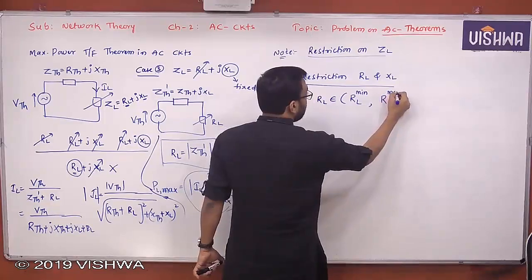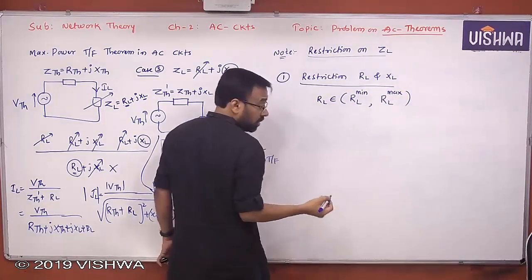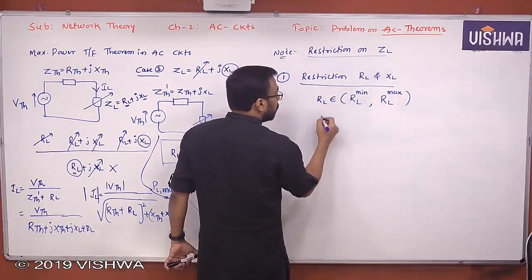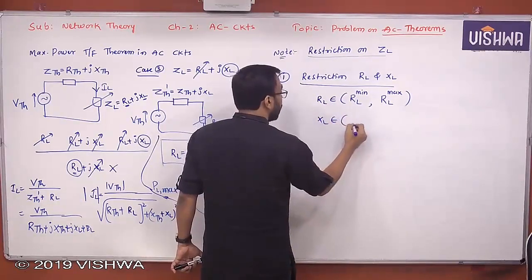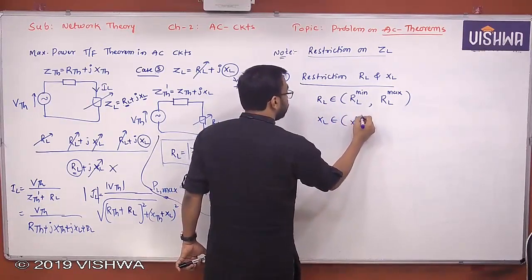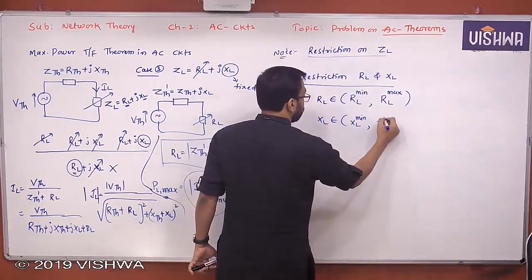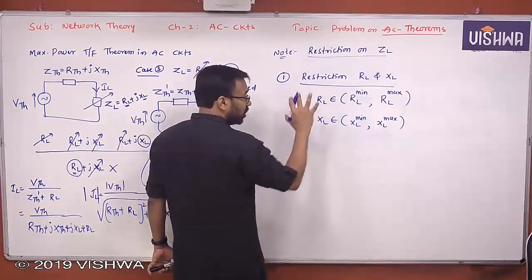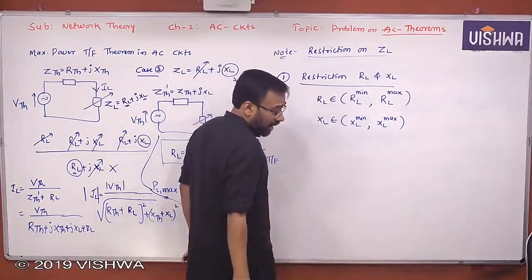That means it is variable only between these two values. He is imposing a condition or constraint or restriction. Now, XL is also variable between XL minimum and XL maximum. He will give the condition literally in the exam. When the circuit is given, he will mention that XL is variable only between these two values.